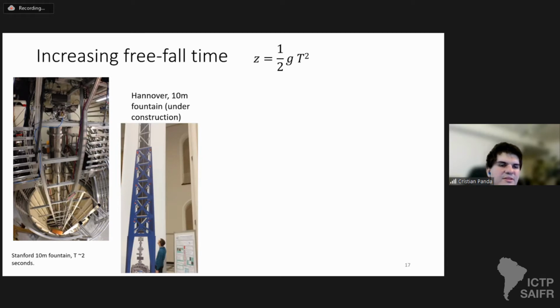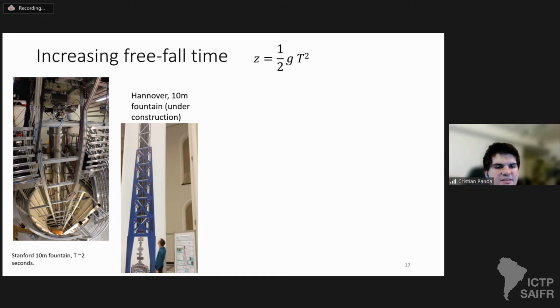So in a bid to increase the free fall time, atom interferometry experiments have been growing increasingly tall. There's a 10-meter fountain at Stanford and another 10-meter apparatus under construction in Hanover, China, and even larger apparatuses up to 100 meters being planned. But even for these large-scale experiments, the available free fall time limits the coherence to 2 seconds, really.